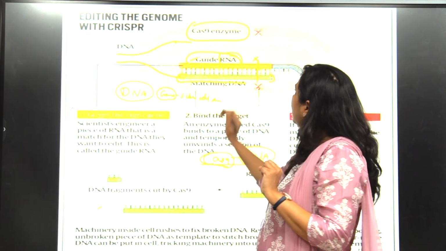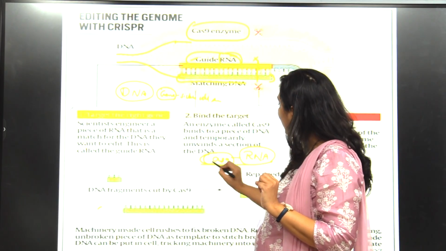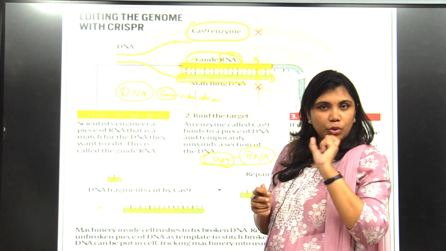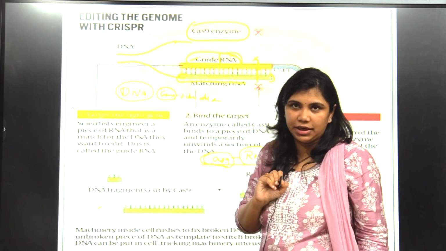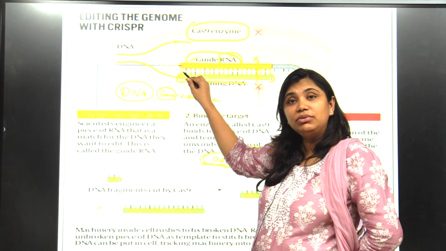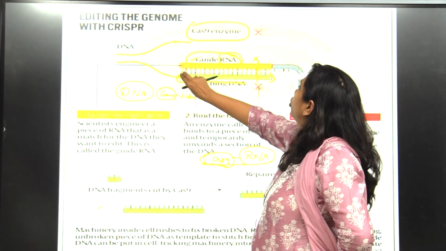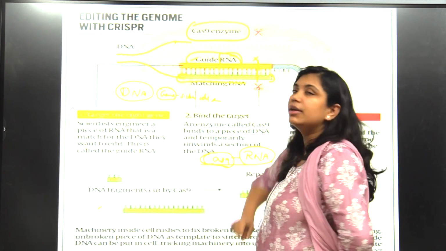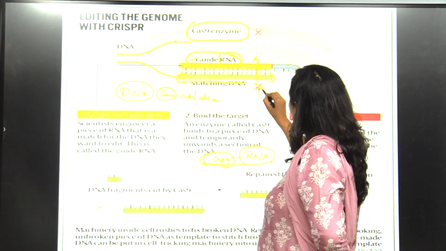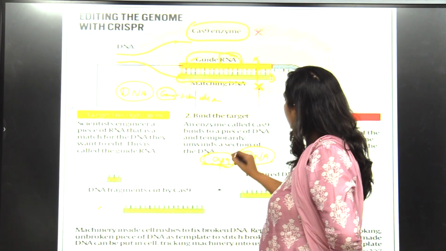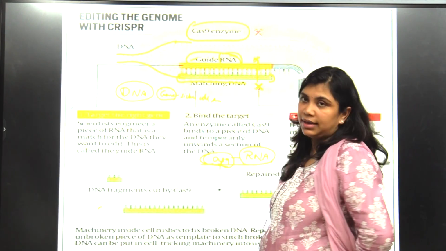Now we'll keep this RNA in a Cas9 protein. This is called guide RNA. What does this guide RNA do? It is matching with this DNA. So it will go and connect over here. Then what will happen? This Cas9 protein will cut this DNA.